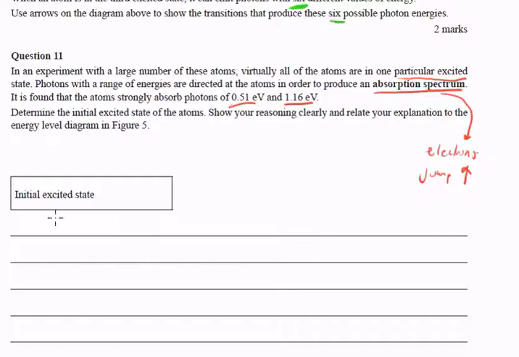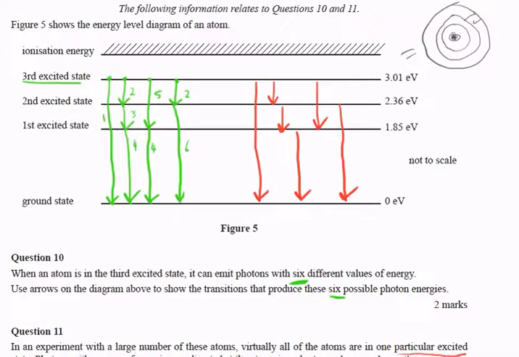Alright, so 0.51 electron volts is the energy needed to jump. 0.51 is the energy needed to jump from here to here, because 2.36 minus 1.85 equals 0.51.